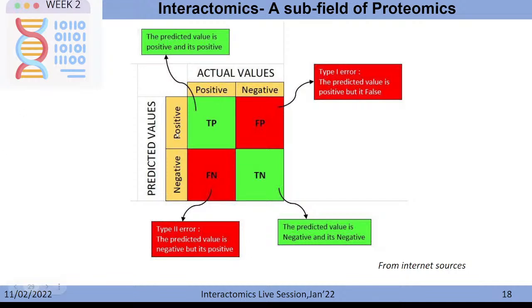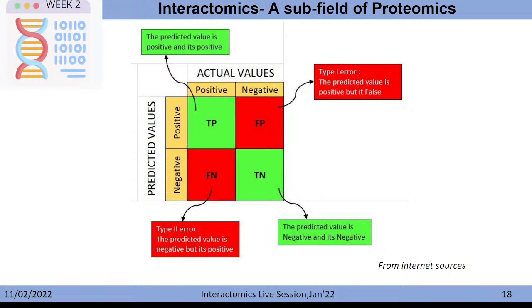If your prediction is correct, like you have predicted that this particular sample is a disease and it is a disease, that is your true positive. Whereas if you have predicted that this is a healthy control, not a disease patient, and it is indeed healthy, that will be your true negative.